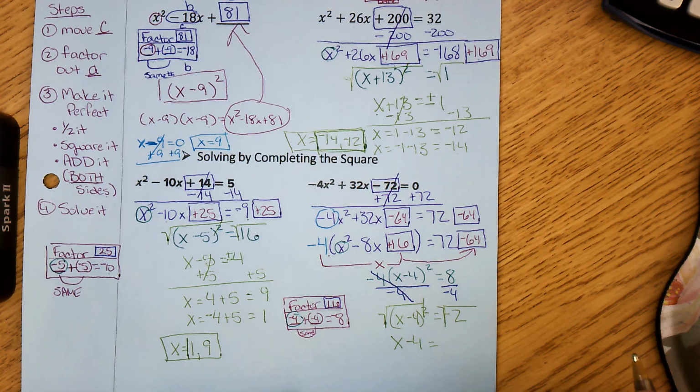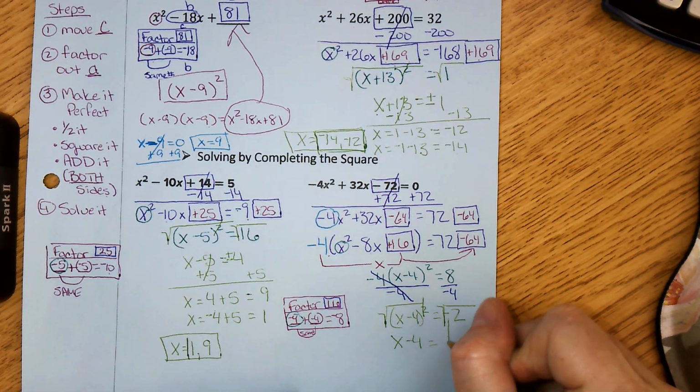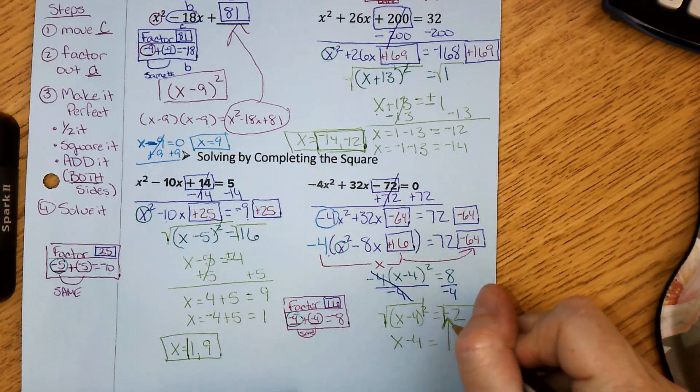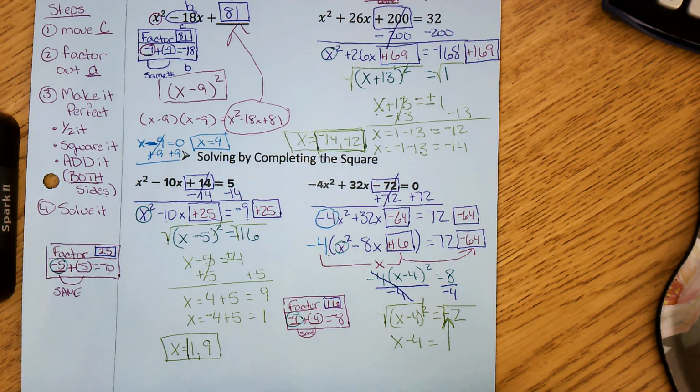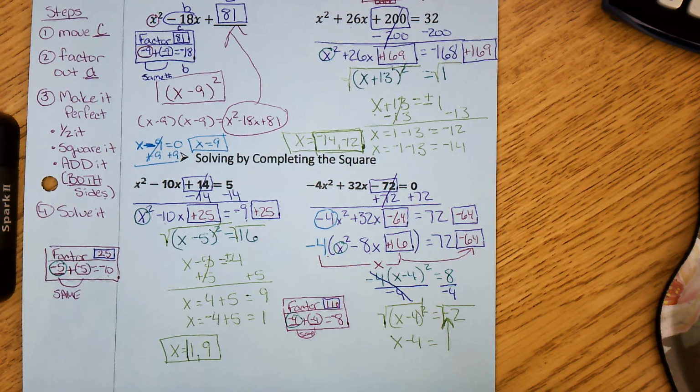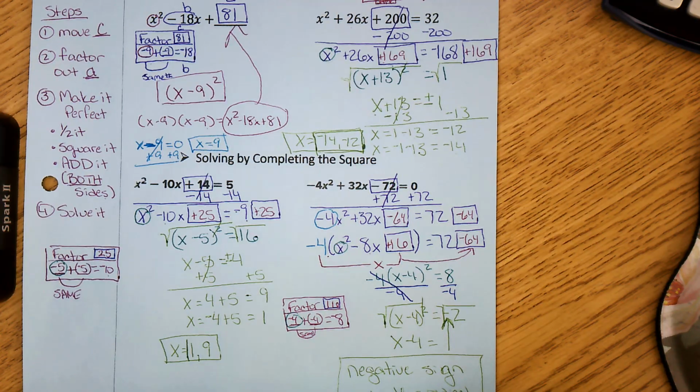I now have a giant problem. Okay, do you notice this negative sign inside the radical? That causes a mathematical problem, okay? So when you have a negative sign under the radical, negative sign under the radical equals no solution.